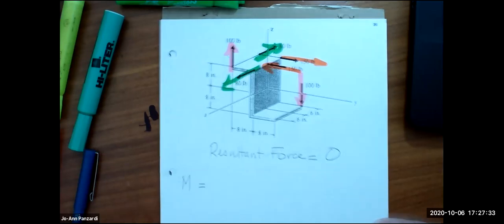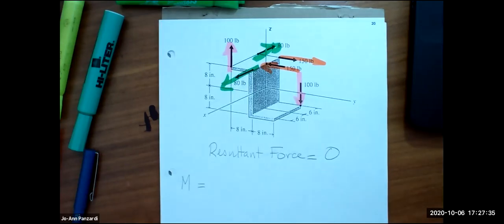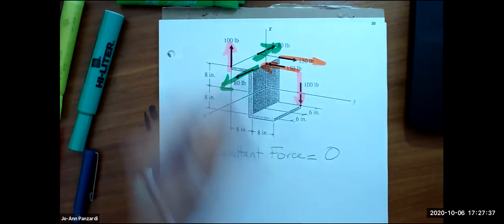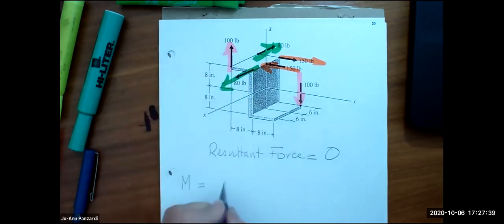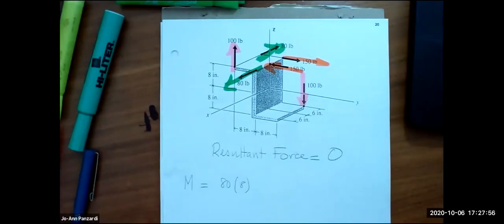All right, Edgar, start off with you. Look at this 80-pound force. What is the perpendicular distance? The forces are going in the x direction and they lie in the xy plane, so the distance is 8 inches. Excellent. Now, ready for the other complicated part.